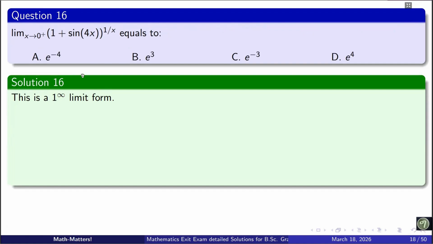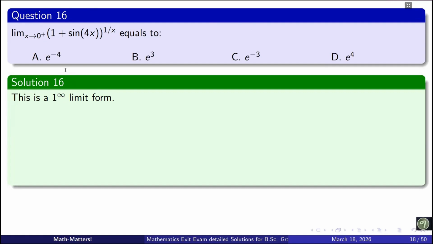That means if you directly substitute 0 from the right side here, 4 times 0 is 0, sine of 0 is 0, 0 plus 1 is 1, and the exponent, 1 over x when x approaches 0 from the right side, is infinity. Therefore, it has the 1 to the power of infinity form.